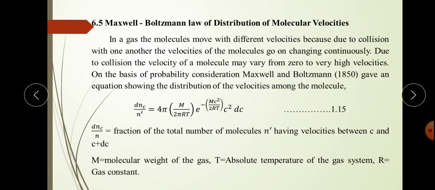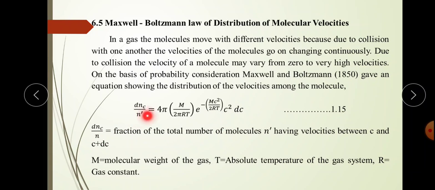On the basis of probability considerations, Maxwell and Boltzmann in 1860 gave an equation showing the distribution of the velocities among the molecules. The equation is dn_c upon n dash is equal to 4 pi (M upon 2 pi RT) to the power 3/2, e to the power minus Mc square upon 2RT, c square dc.